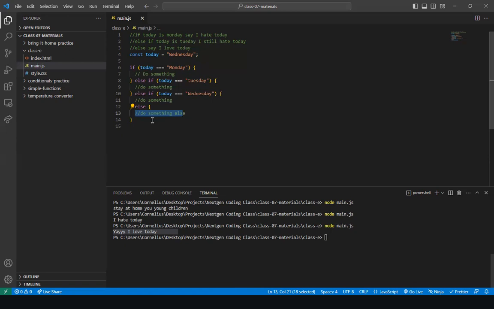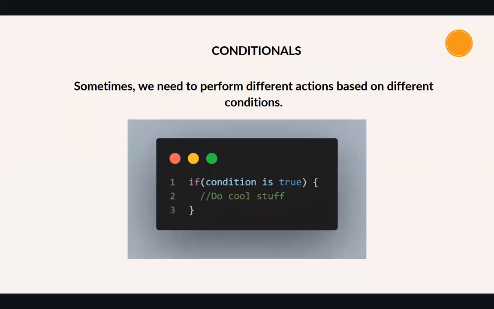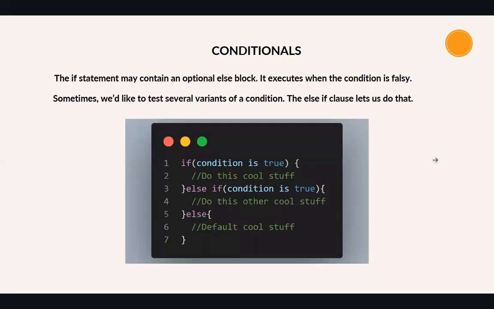Okay, great. So those are what we call conditionals, and usually you would use conditionals when you want to perform different actions based on different conditions. The else if is usually optional. Usually you just check if this is true, do something, else do something else.